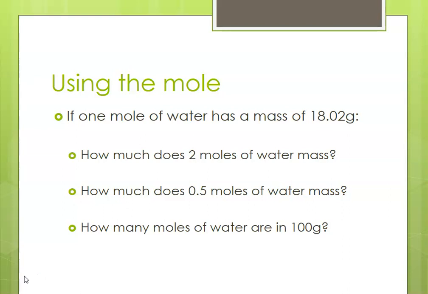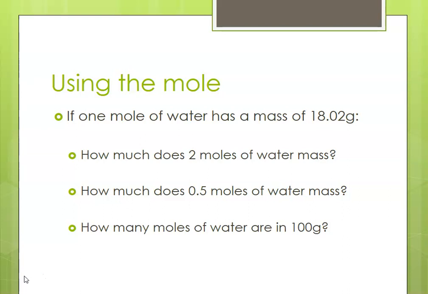Okay, 1 mole is 18 grams, 2 moles is 36 grams, 3 moles would be 54 grams, 4 moles would be 72 grams, and 5 moles would be 90 grams. 5.5 moles would be 99 grams. So it's going to be just over 5.5 moles.